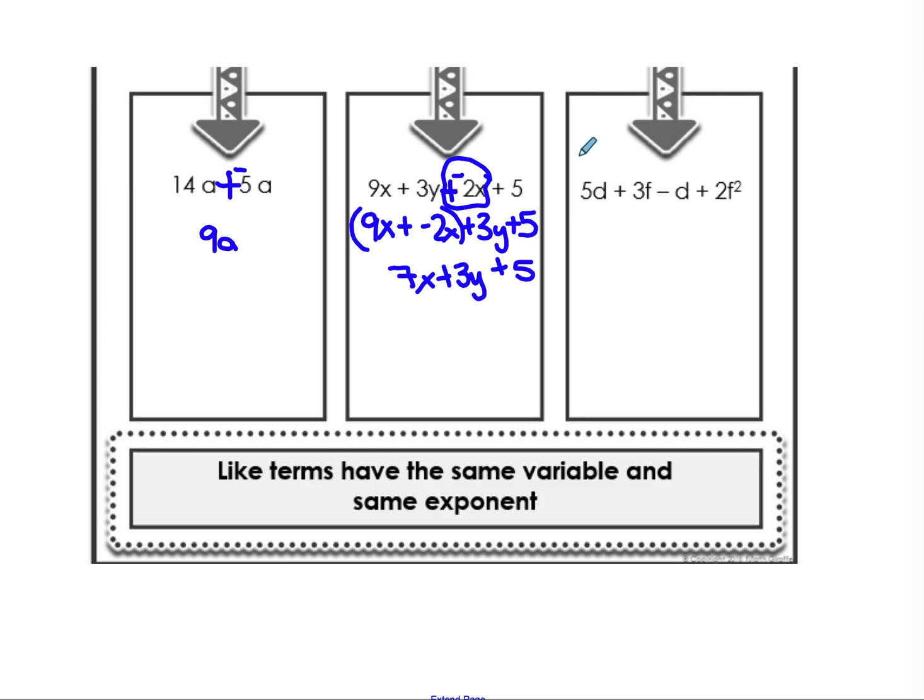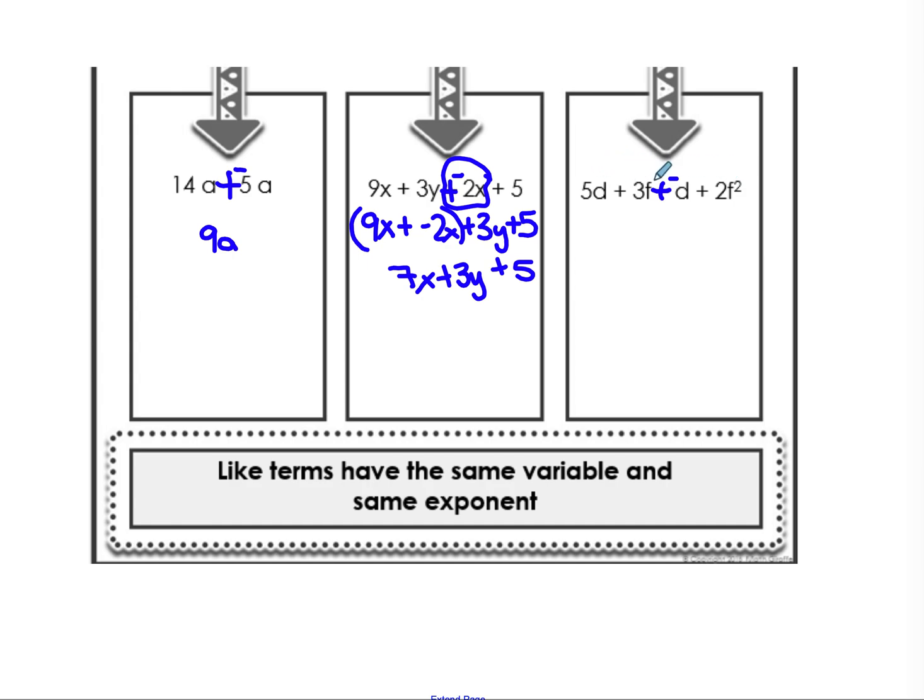Okay, and then our last one here, I have 5d plus 3f minus d plus 2f squared. So boom, change to addition. Boom, change the sign. All right, so I have now a 5d and a negative d that are like terms, and I have a 3f and a 2f squared.